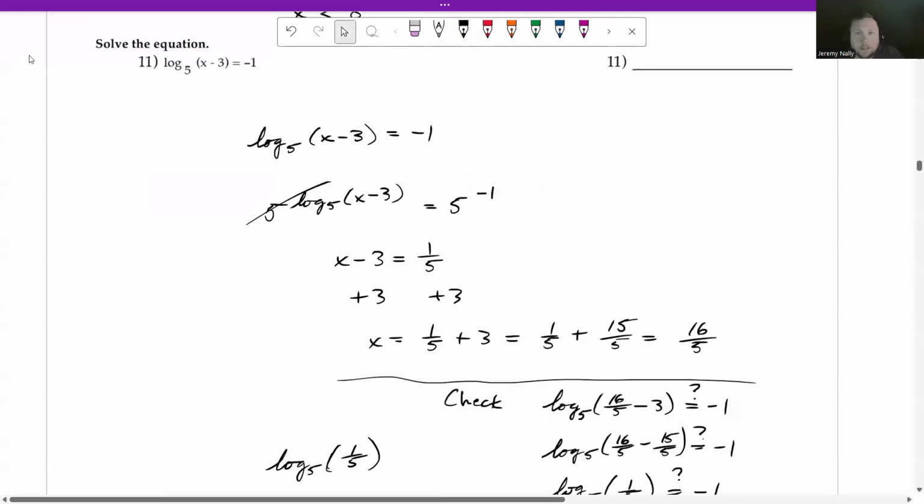Okay. All right. We got there eventually. So the solution is 16/5.